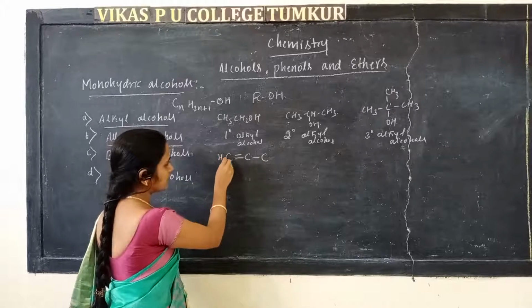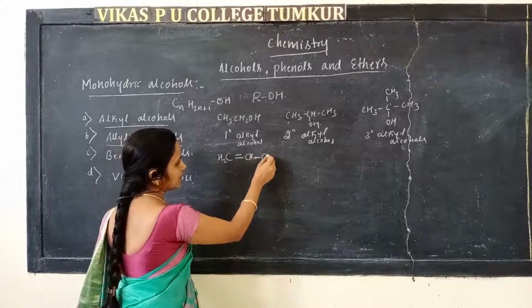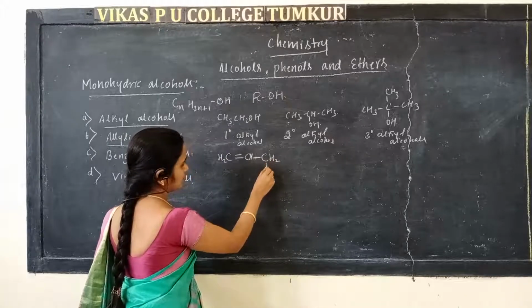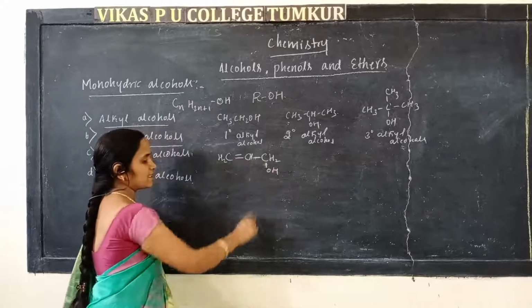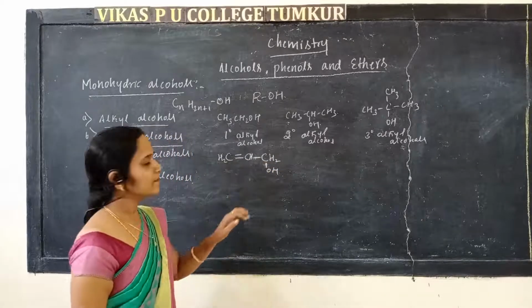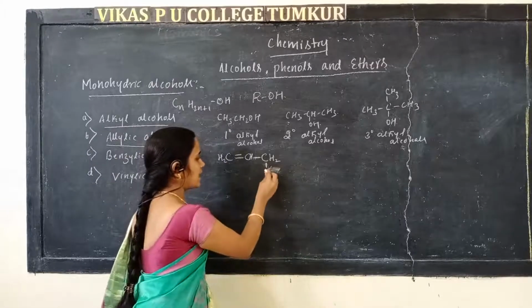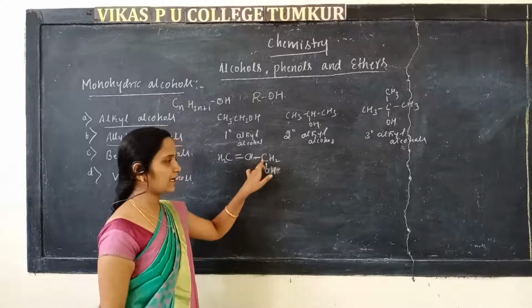Then we call this an allylic alcohol. The allylic alcohol is the one where the OH group, that is the hydroxyl group, is attached to the allylic carbon.